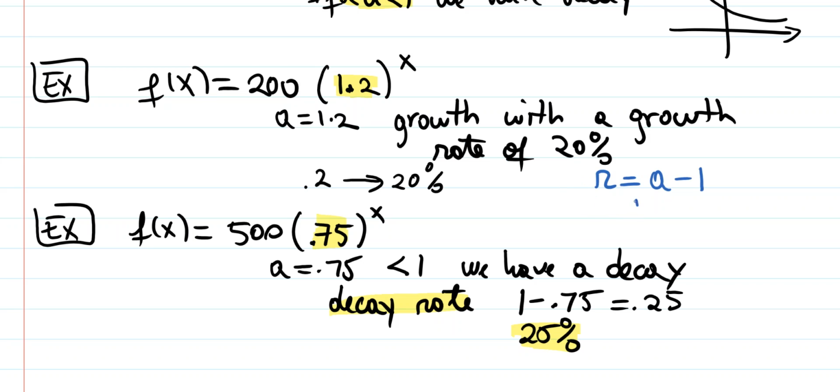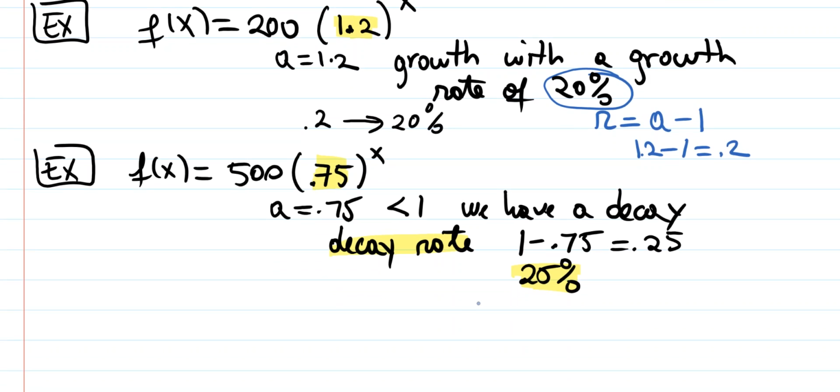The factor was 1.2 minus 1. We got that it's 0.2, which gave us the 20%. And if you have a decay, how do you get the decay rate? The decay rate is 1 minus the decay factor. Okay, so this is a formula that you need to remember. How to get the rate if you're given the factor.